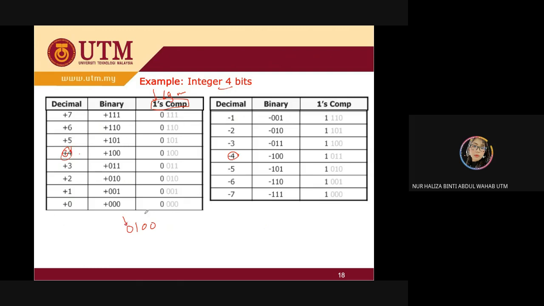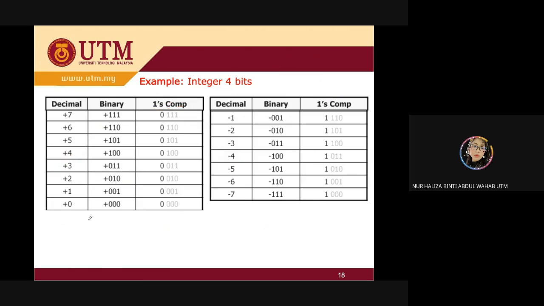This is your magnitude. You apply the similar thing as sign magnitude for first complement positive number. But for first complement negative number, you need to use the method of 0 to be 1, 1 to be 0.